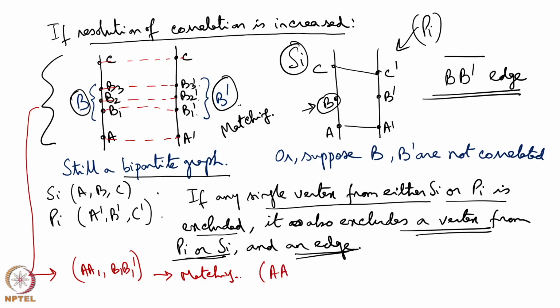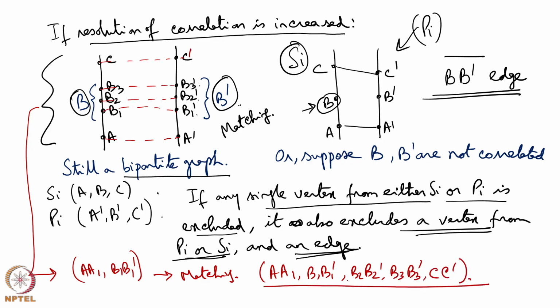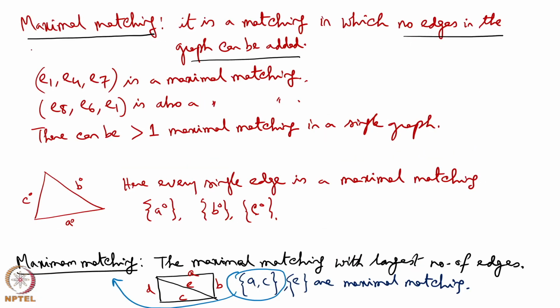Or I can think of another matching with a larger number of elements in the set, such as A A1, B1, B1 dash, B2, B2 dash, B3, B3 dash, C, C dash. Now, this is the matching with the maximum number of elements, and this will be called the maximal matching.